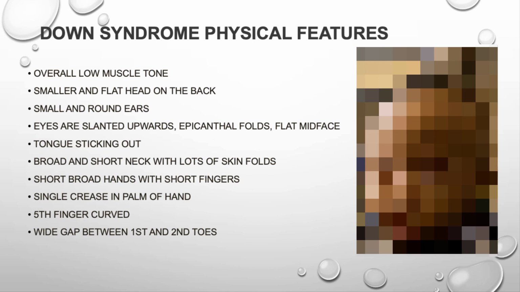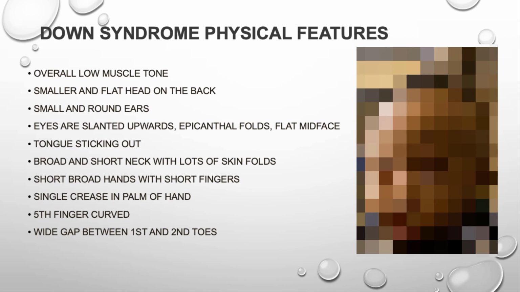The mid part of the face tends to be a little bit more flat, and it's not uncommon to see the tongue sticking out, and that often is related to the decreased muscle tone in the facial area. The neck tends to be short, and sometimes there could be some skin folds.